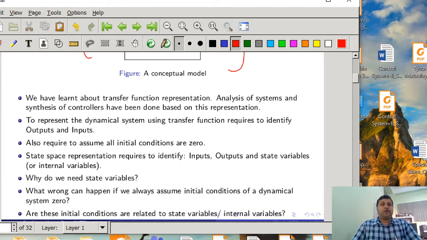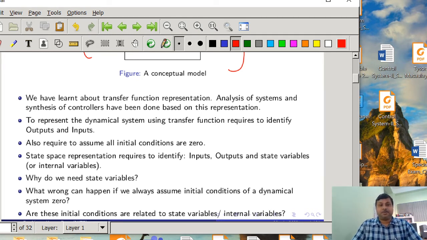The most important thing in building the transfer function for a system is to identify the inputs and the outputs. Along with that, while deriving the transfer function, you also assume that all initial conditions are 0.